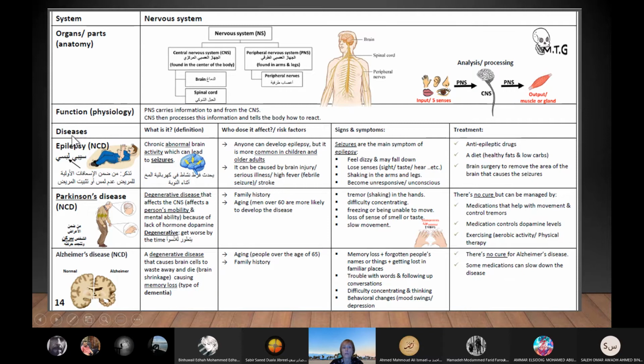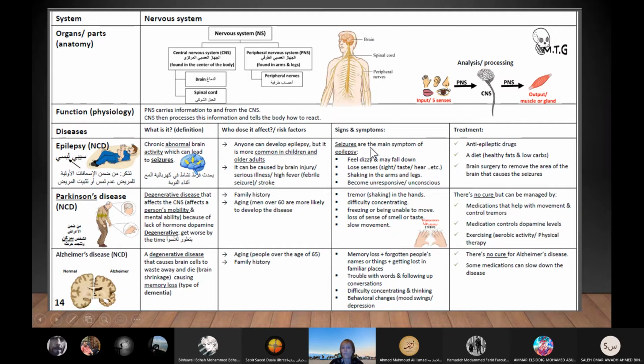So the diseases that we looked at under the nervous system were epilepsy, Parkinson's disease, and Alzheimer's disease. So epilepsy is a chronic abnormal brain activity, okay? This is characterized by abnormal brain activity, and sometimes it can lead to seizures, okay? So if there's abnormal electrical activity in your brain, this can lead to seizures.